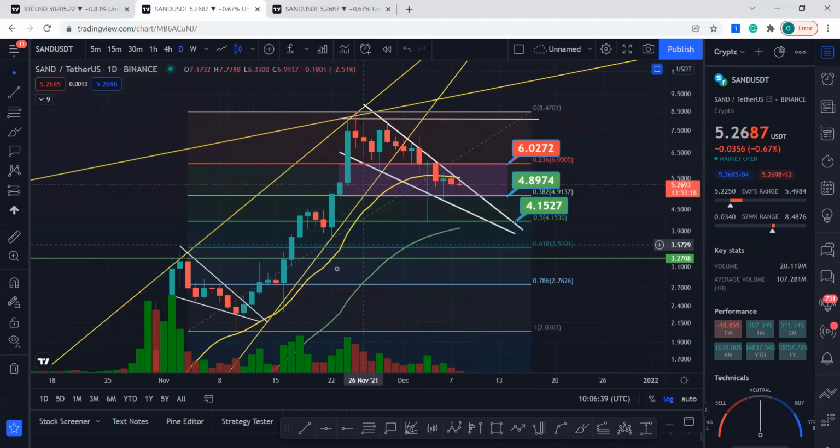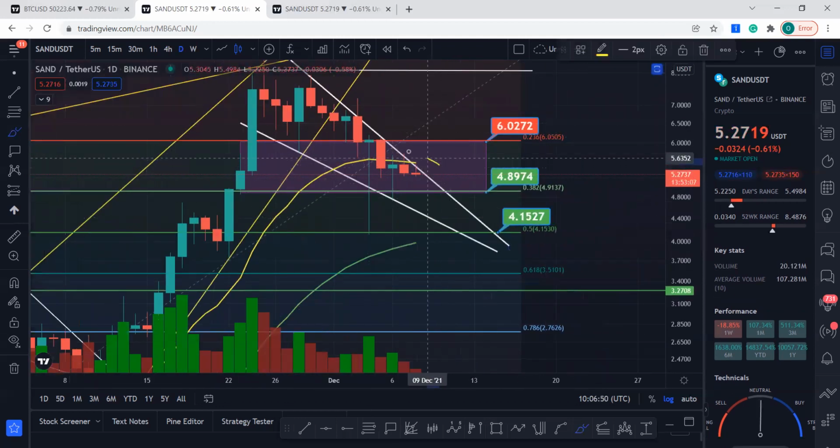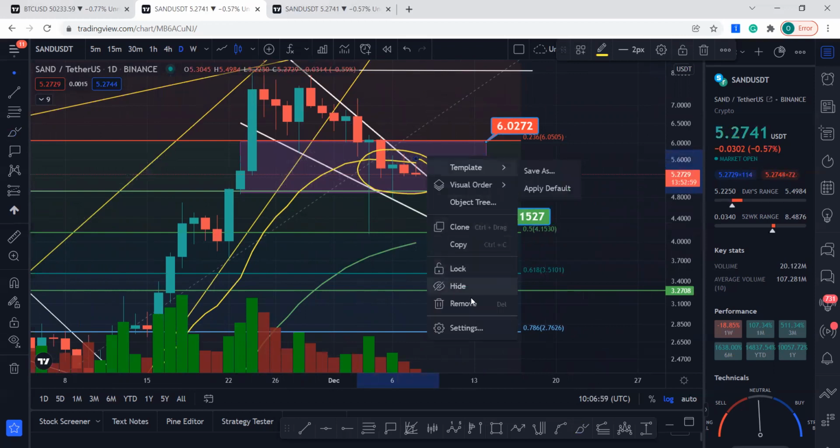Now we can see clearly where the 20 moving average is, and this is the resistance that we are getting right over here. Okay, you can clearly see the resistance area. We are below it, so we try to get above it, but we are failing to get it over this moving average.